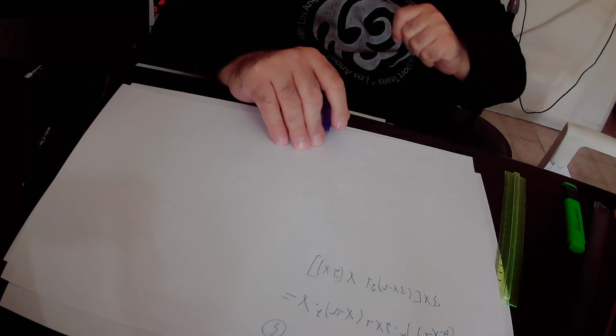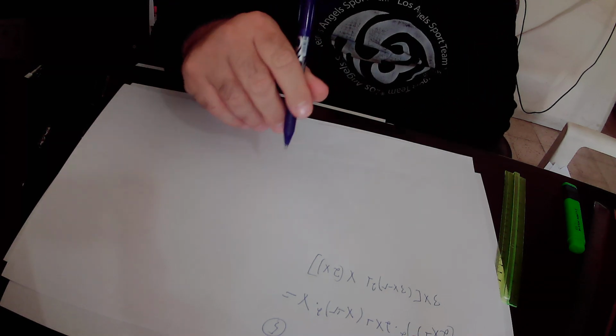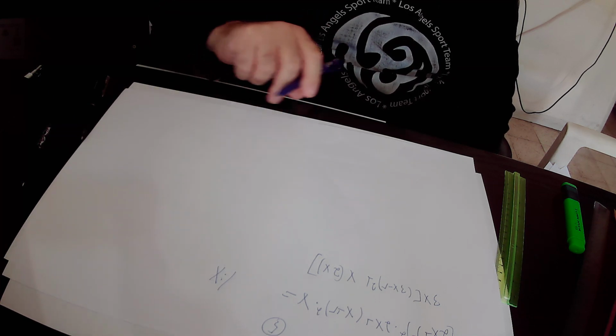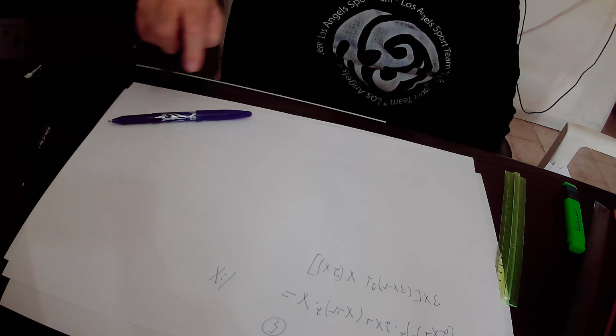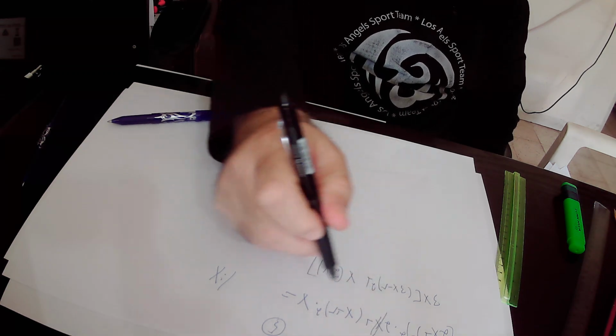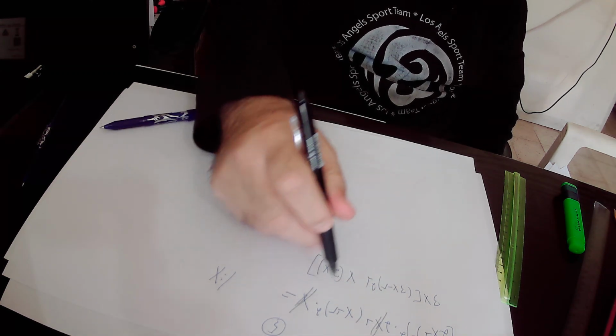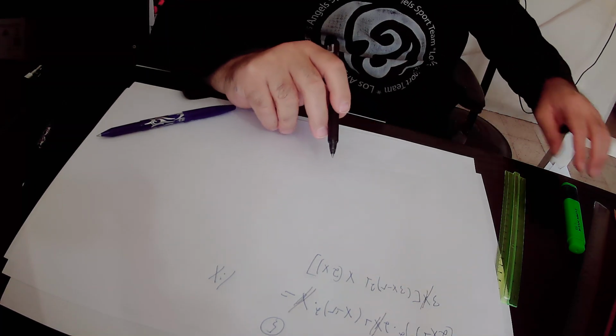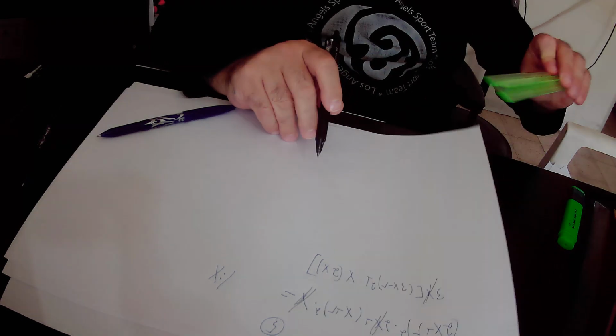Here we will divide this equation by x. Here x will get cancelled, here x will get cancelled, and here also x will get cancelled. So what is left from this equation after we cancelled x?